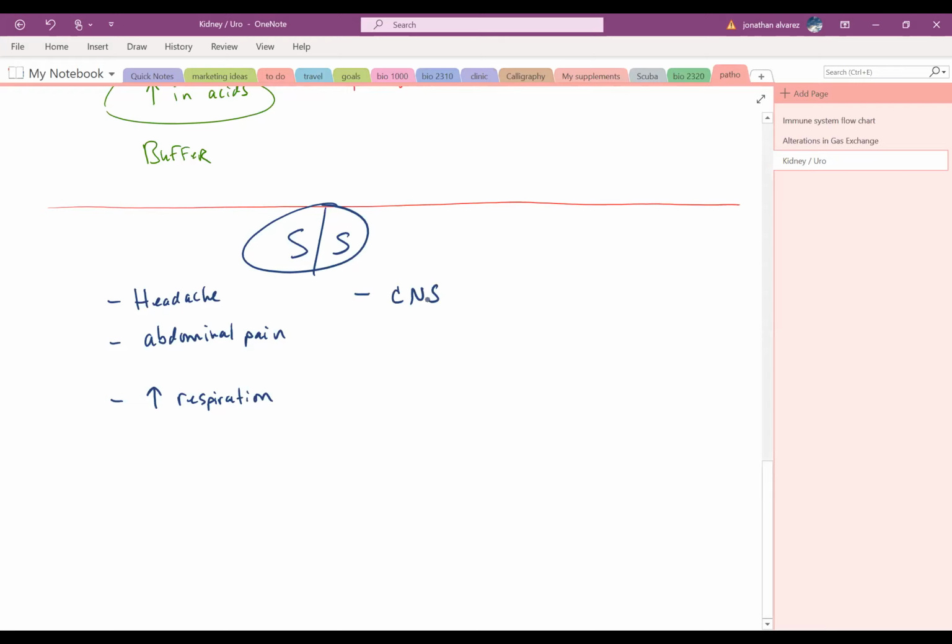Central nervous system. Okay, remember the nervous system. So the central nervous system is your brain and spinal cord. Okay, all the other nerves outside of that is a peripheral nervous system. So your brain and spinal cord, or the CNS, if that gets hurt, you'll see things like coma, confusion.